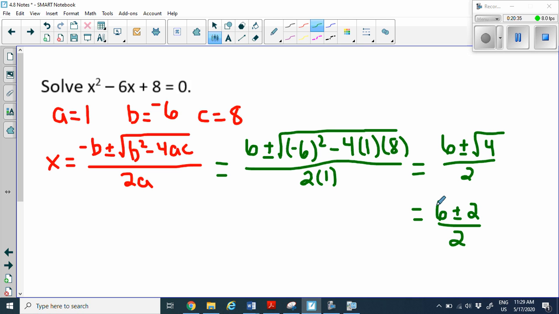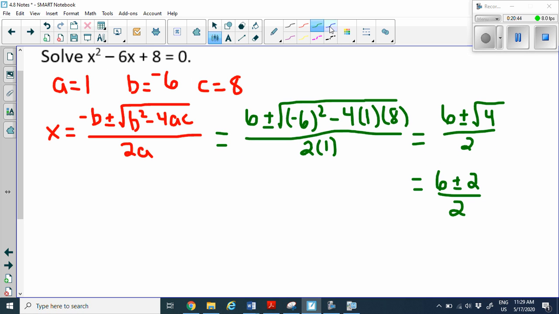Now notice that all of our numbers are integers. That means we can simplify a little bit more to get our answers. So that's what we're going to do here. So the first part is, notice that I can do 6 plus 2 and then divided by 2. So I'm going to write that here.